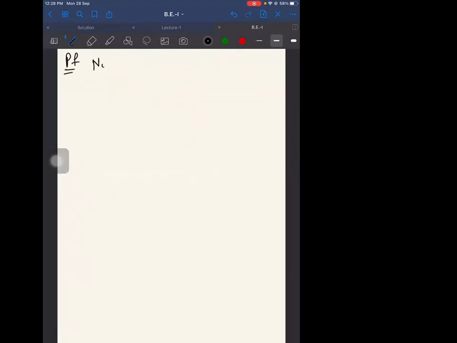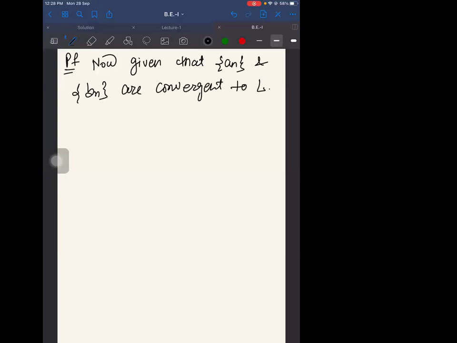So now, given that an and bn are convergent to L, right? So if they are convergent to L, what would I say? I would say that by definition, for every epsilon positive, however small, doesn't matter, right? The challenge can be any number, no matter how small it is.